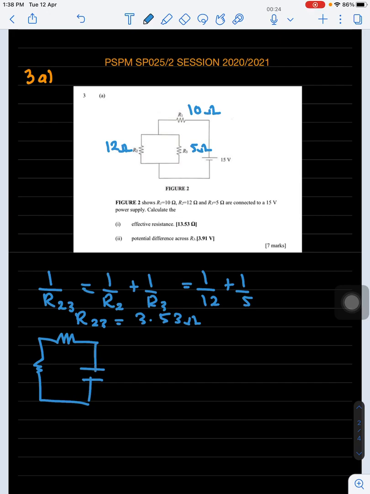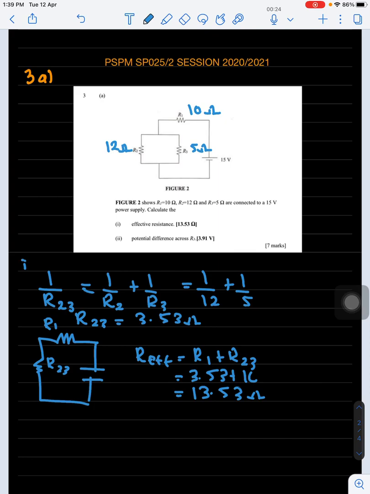So we have R1 here and R23 here. R1 and R23 are connected in series, meaning that R effective equals R1 plus R23, which is 10 plus 3.53. So 13.53 ohms for the first question.